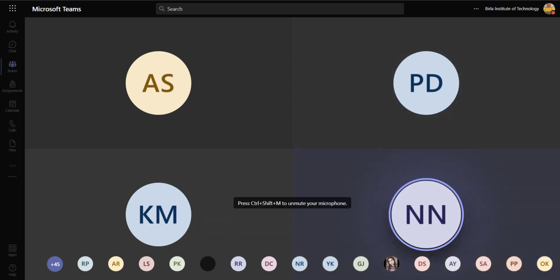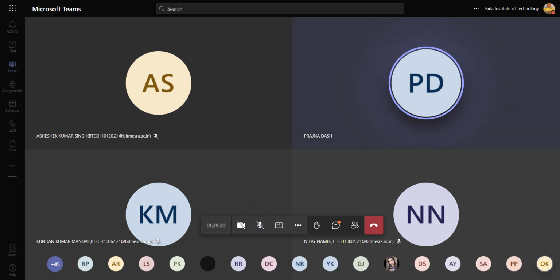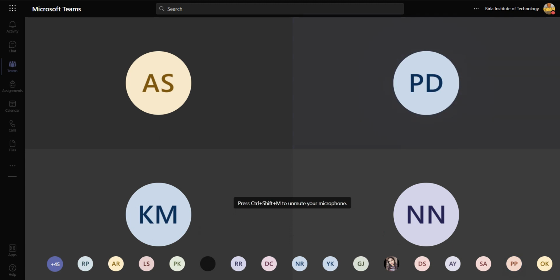Ma'am, in experiment number 4, how can we get the RL? Since ma'am, not register, RL is there in the experimental setup. Experiment number 4, that means your rectifier. Rectifier?